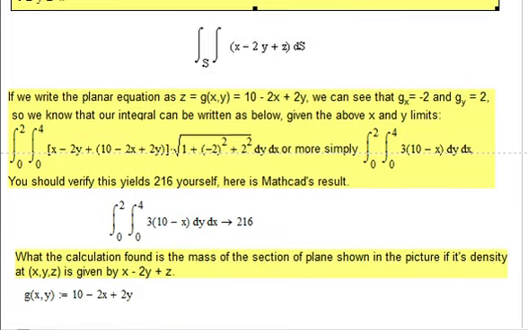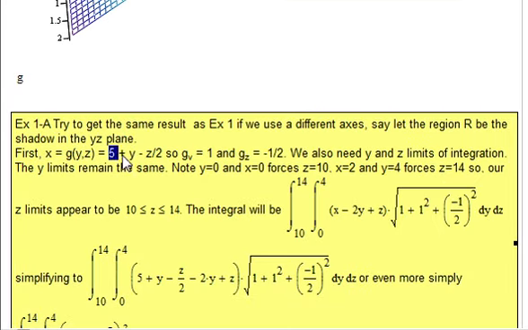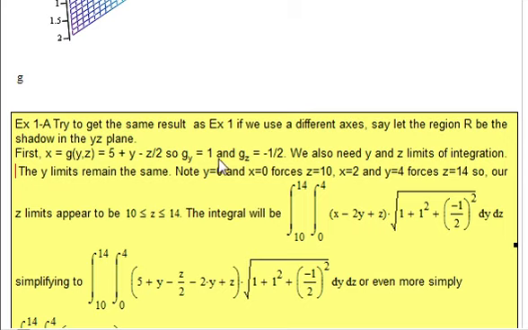So when we begin, we start with x equals 5 plus y minus z over 2, and our partial with respect to y equals 1, and our partial with respect to z from here equals -1/2.